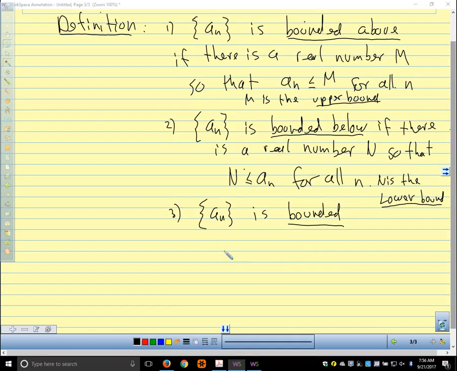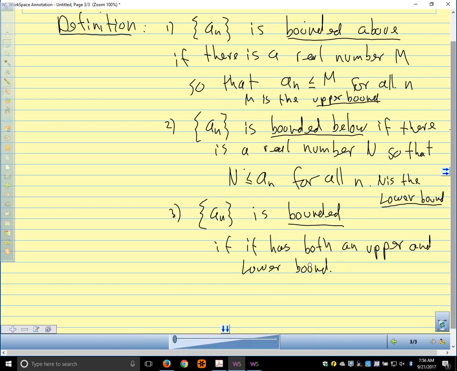So a sub n is bounded if it has an upper and a lower bound.